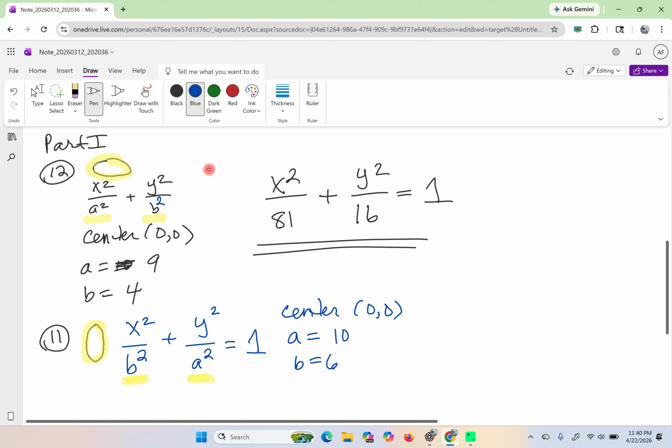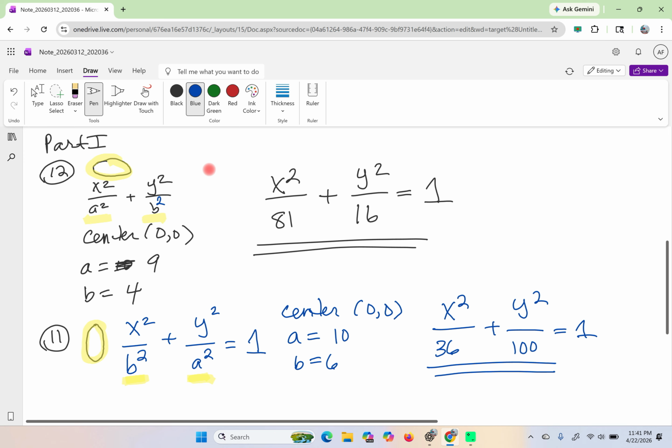We just need to fill out our equation now. And so because of the origin, it's simply x squared over b squared, 6 squared is 36, and then a squared is 100. And this is our equation for number 11.